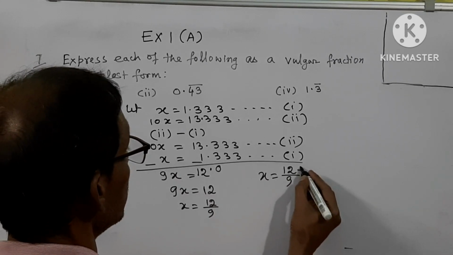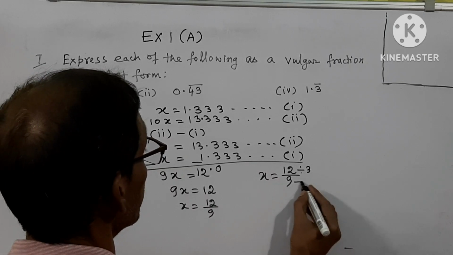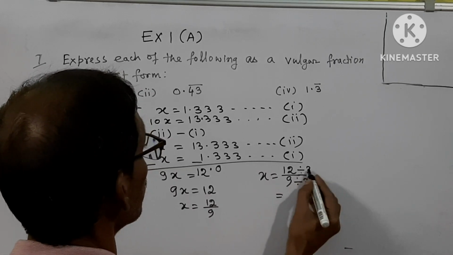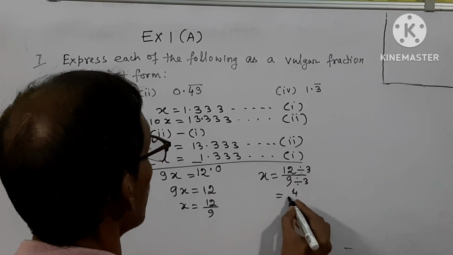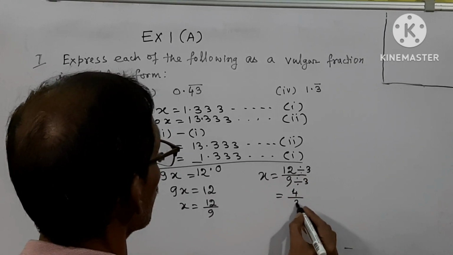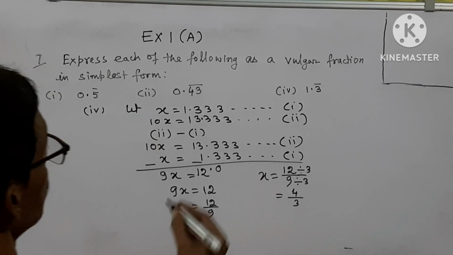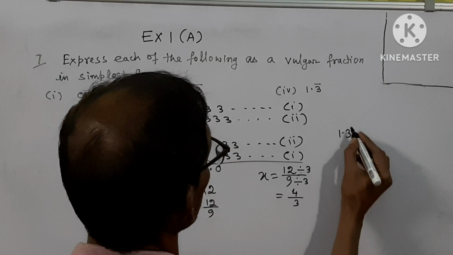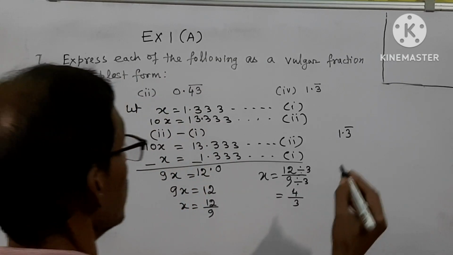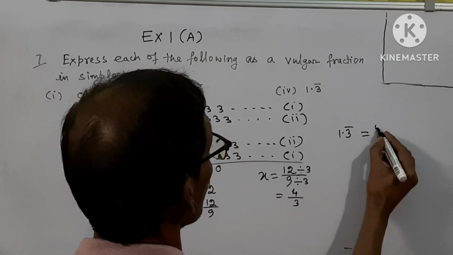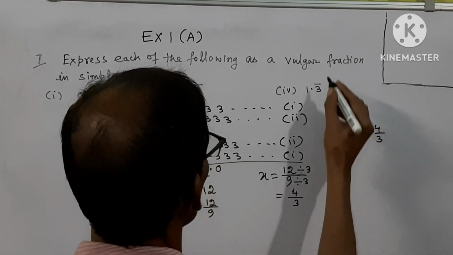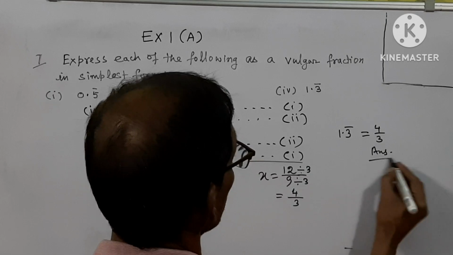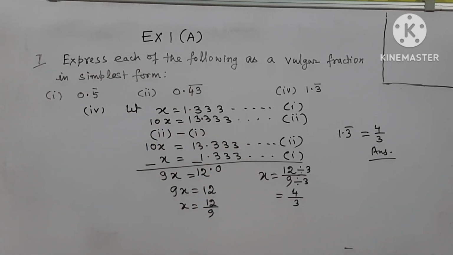So you have to divide by 3 in the denominator and numerator, which becomes 4 by 3. So you have to write 1.3 with bar over 3 is equal to 4 by 3. This is the vulgar fraction in the simplest form. This will be your required answer.